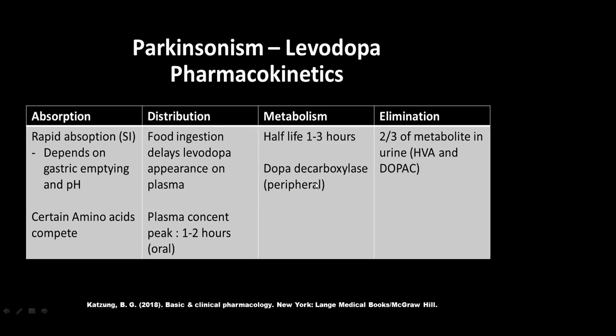We have the enzyme dopa decarboxylase that is found peripherally that will convert the levodopa into dopamine, thereby preventing the drug from entering the blood-brain barrier. Because remember, dopamine cannot enter the blood-brain barrier.